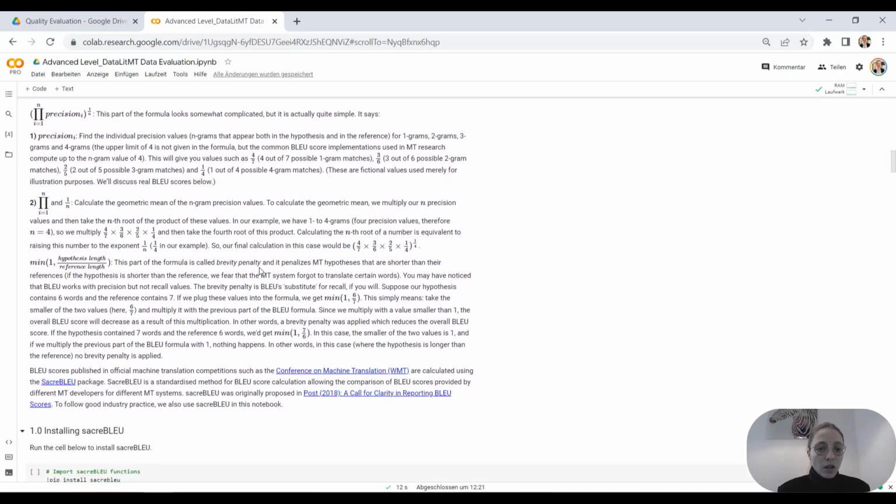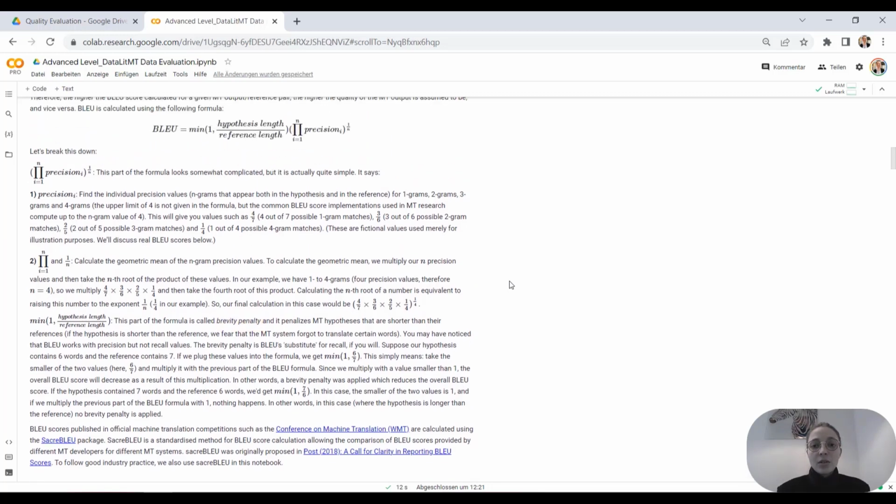And without going into more detail, you can have a read through this of how exactly we would calculate these n-grams. But also what is important to know is that this part of the formula is called the brevity penalty. And it actually penalizes a machine-translated hypothesis sentence if it is shorter than the reference sentence, because then we are expecting that maybe there has been something forgotten.